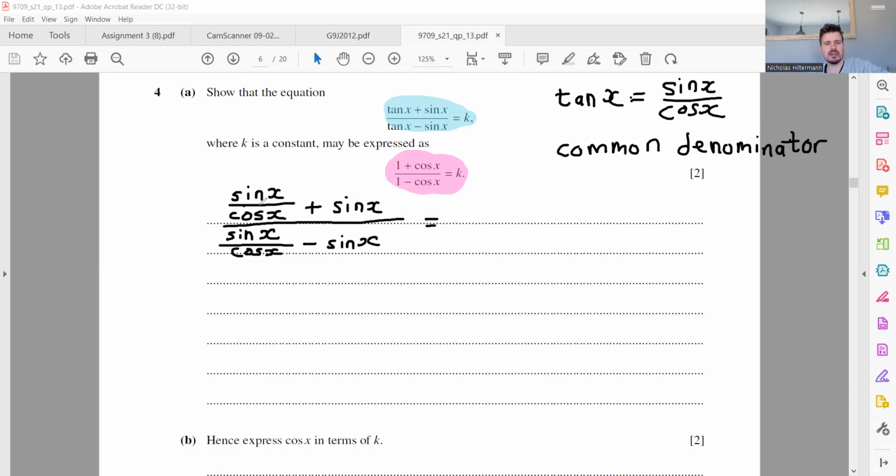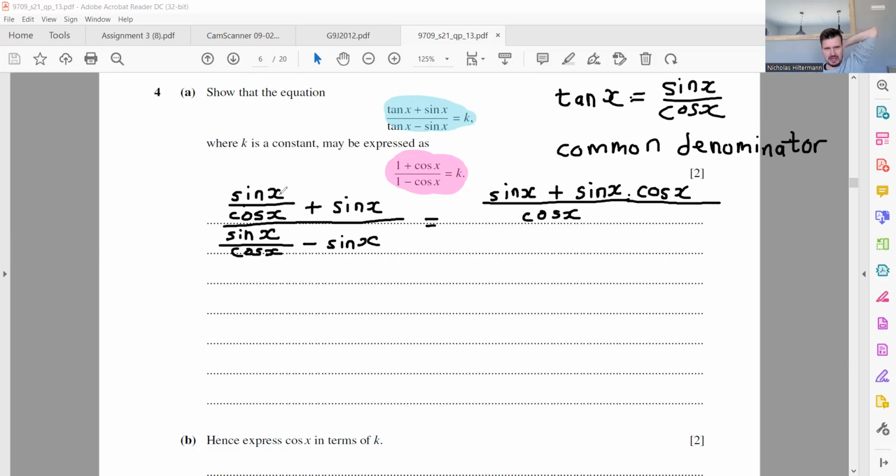And now I say, well, let's get them both over cos x. So we'll get this top over cos x, right? This whole thing at the top, that's sine x over cos x plus sine x over cos x. Well, sine x over cos x is sine x over cos x, but then the sine x does not have a cos x, so you'd need to times it by cos x. Okay, if you're not sure how to get a common denominator, then you need to go back to your GCSE stuff.